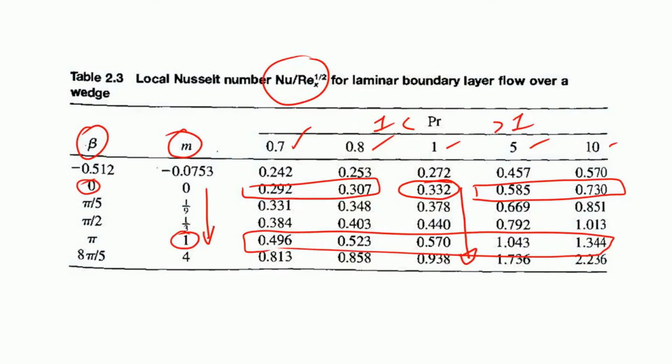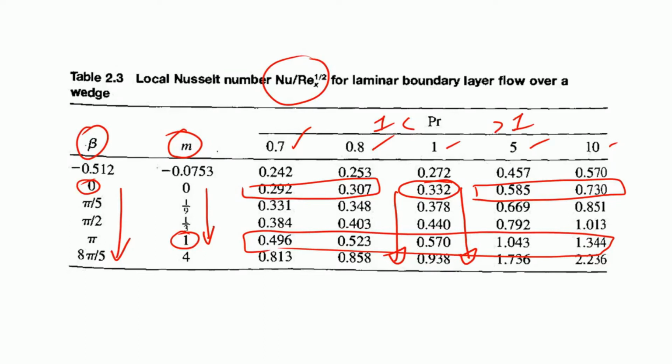This is kind of obvious, for the same reason that we explained earlier: when the flow is accelerating, you have a thinner boundary layer. That means your Nusselt number, or your heat transfer coefficient, should go up, because it is inversely related to delta T. So you have an increase in the Nusselt number as you go on increasing beta.